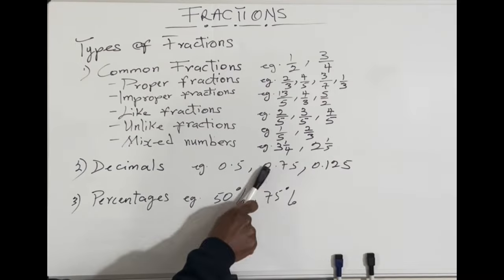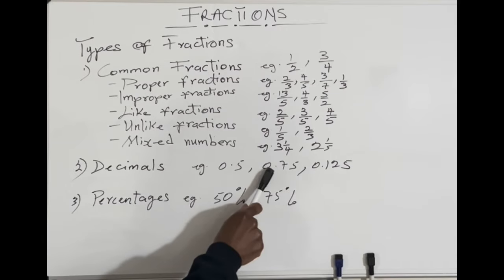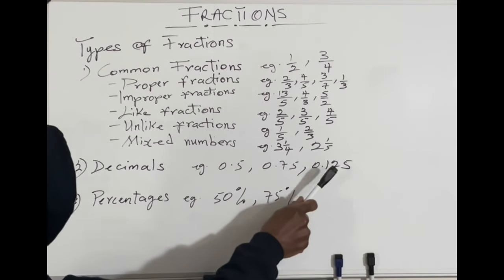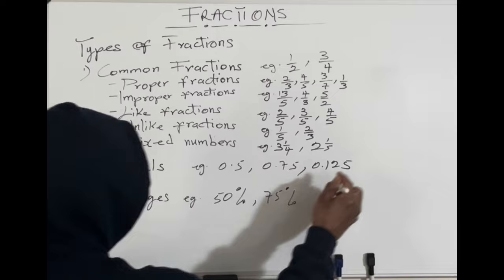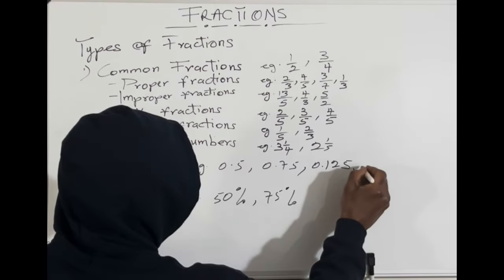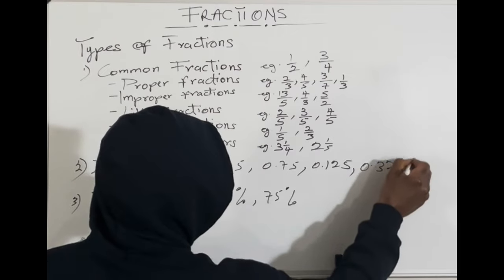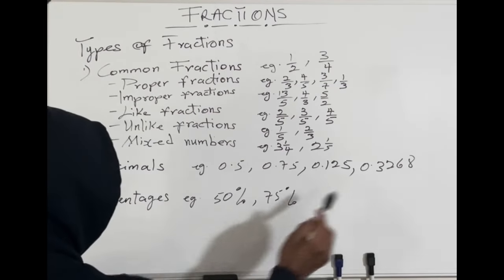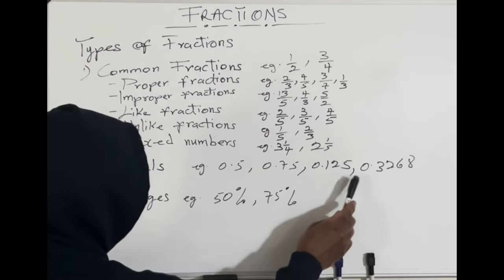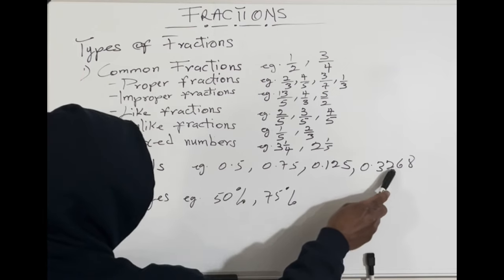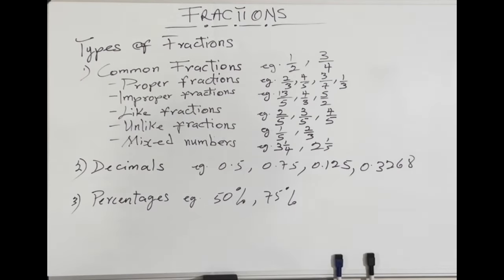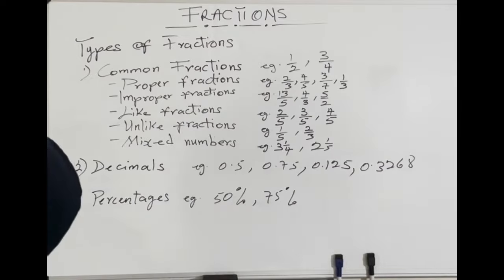So it shouldn't be 'zero point seventy-five', just 'zero point seven five'. So 0.125. Let's say 0.3268, not 'zero point three thousand two hundred sixty-eight'. No. Okay, we have percentages, so 50% and 75%.